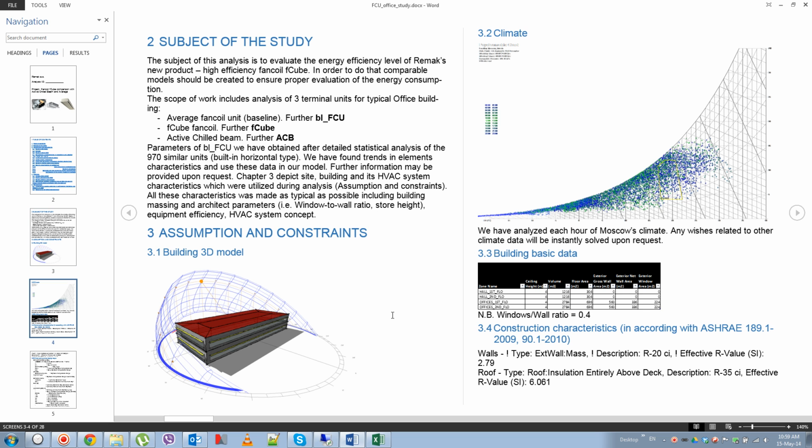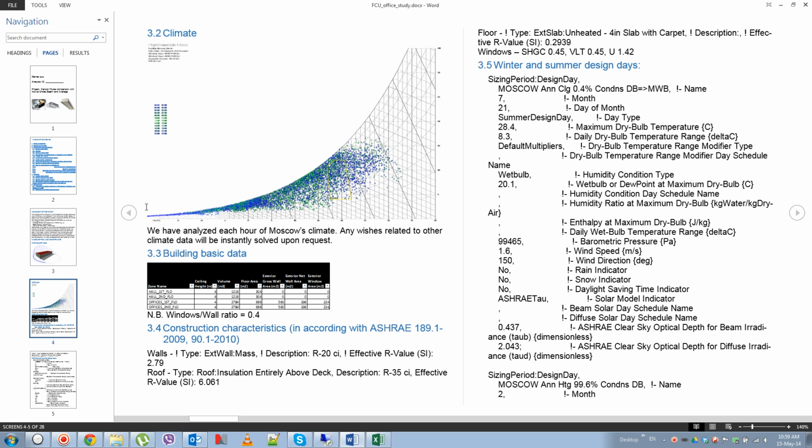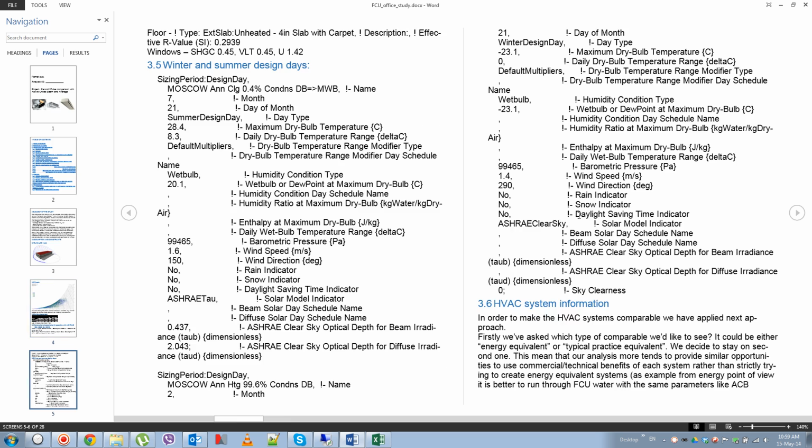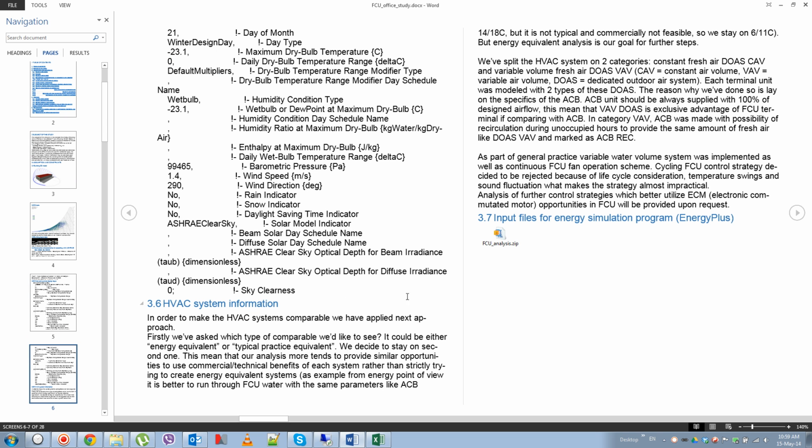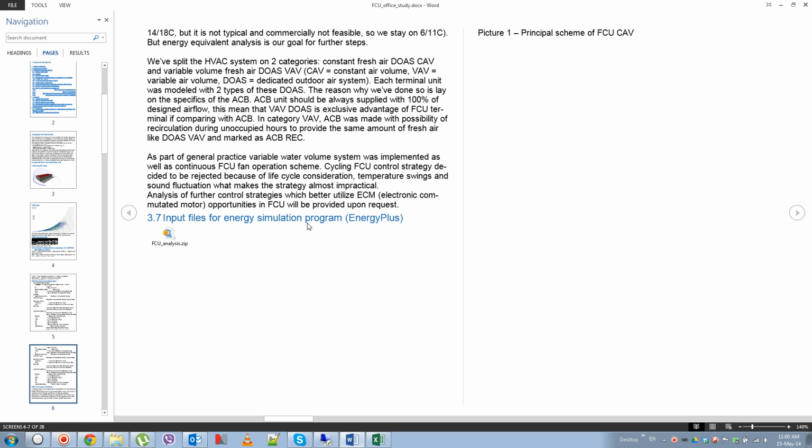The characteristics of the construction envelope of the building are described here, the climate here, the design day here. Input files are also included inside this document, so you can download them, put them inside EnergyPlus software, see all details, and make calculations and adjustments just as you want, if you want to modify the climate or any other input parameters.